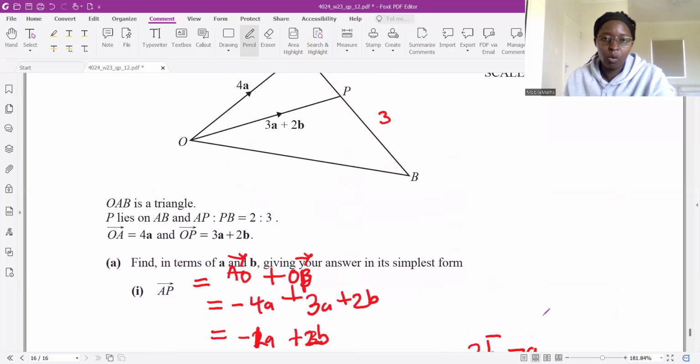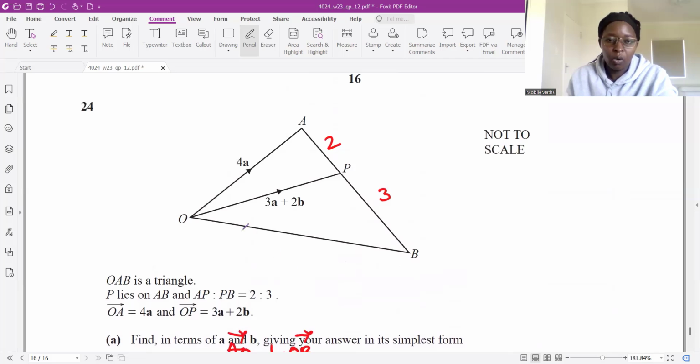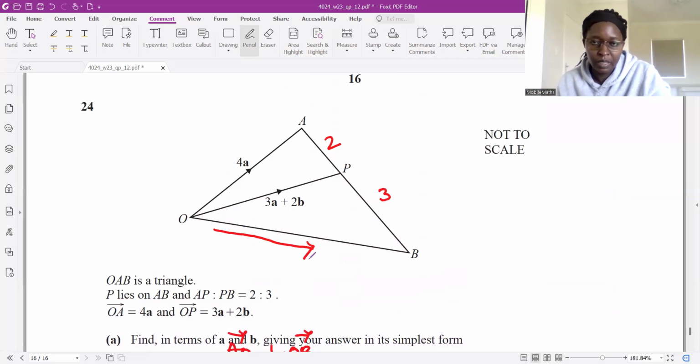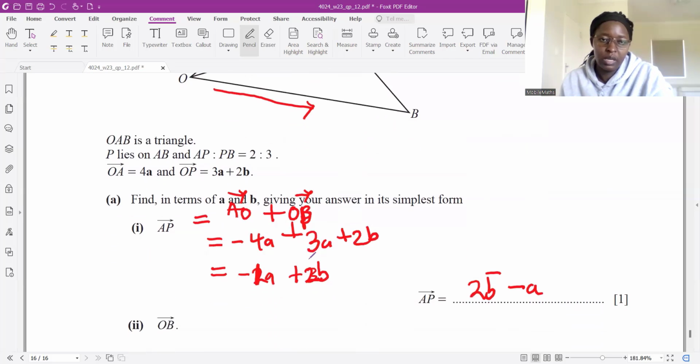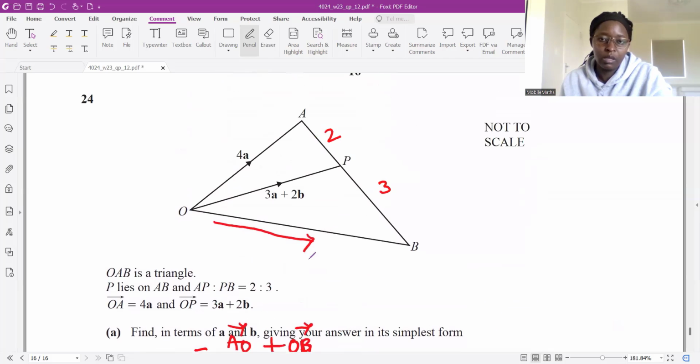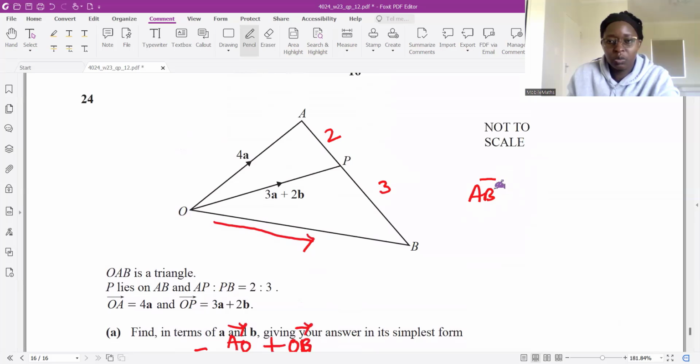Then OB is this one. So we can get OB. What else do we have? OB, okay, we have a ratio of AP. So if we have AP, we can find AB. AB is equal to the total ratio 5/2 of AP.